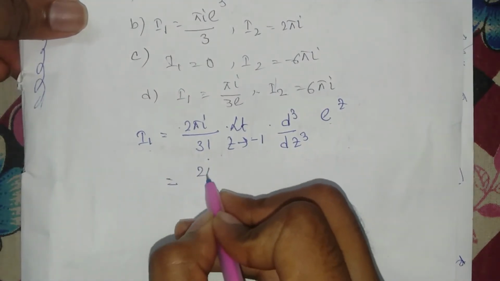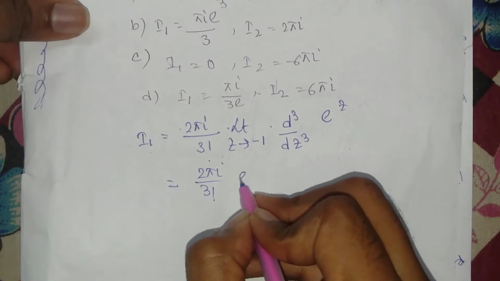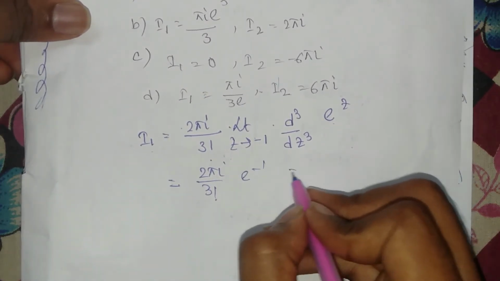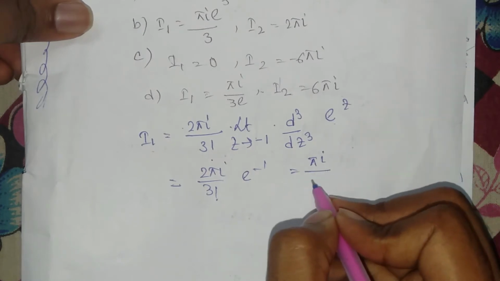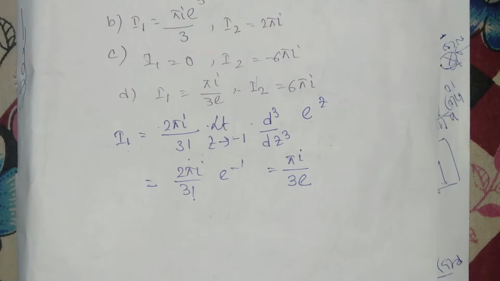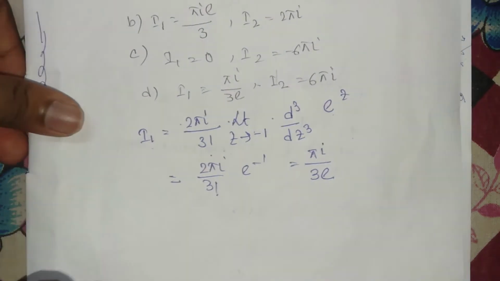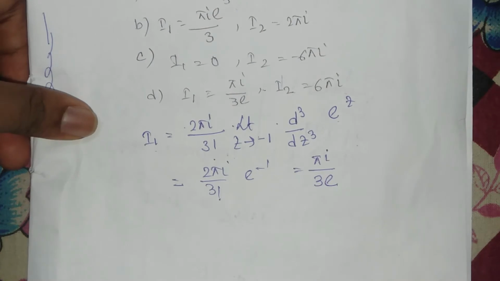If we solve this, we get 2 pi i divided by 3 factorial e to the power minus 1. So we get pi i divided by 3e.